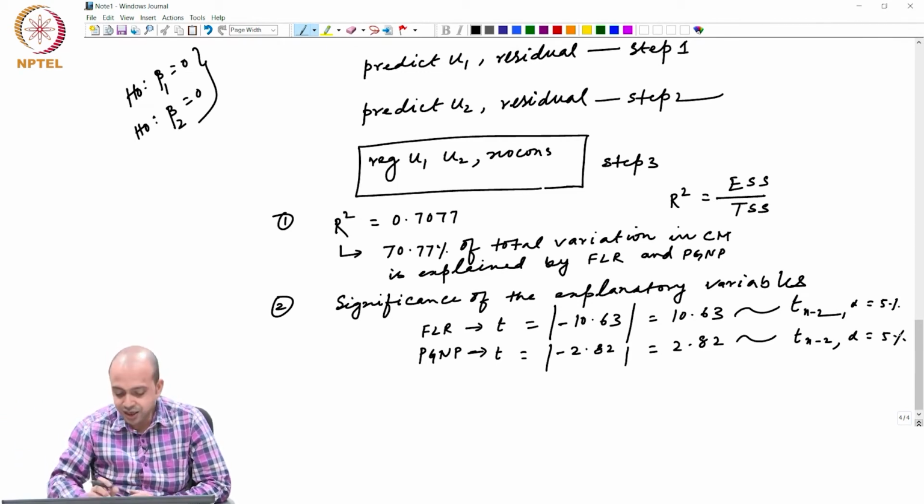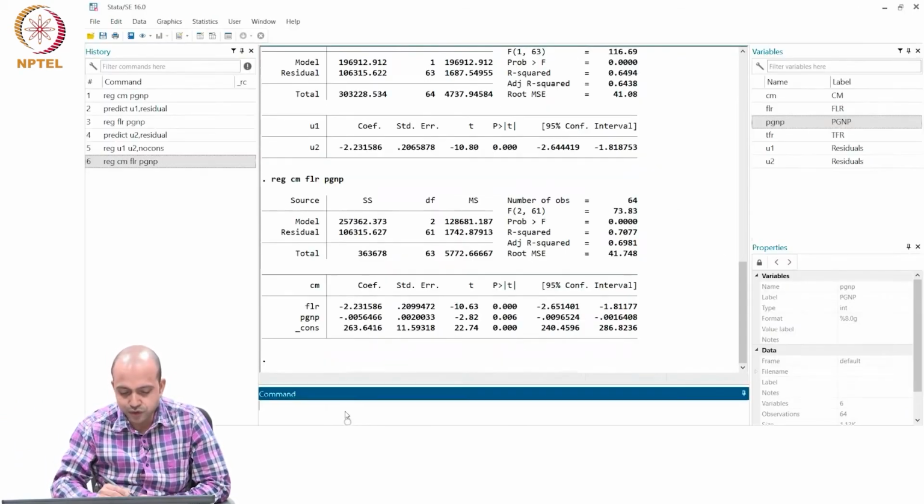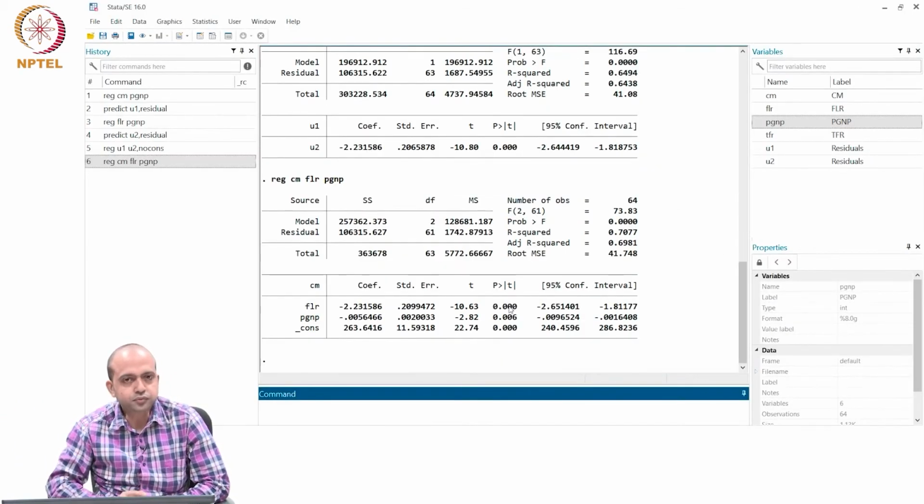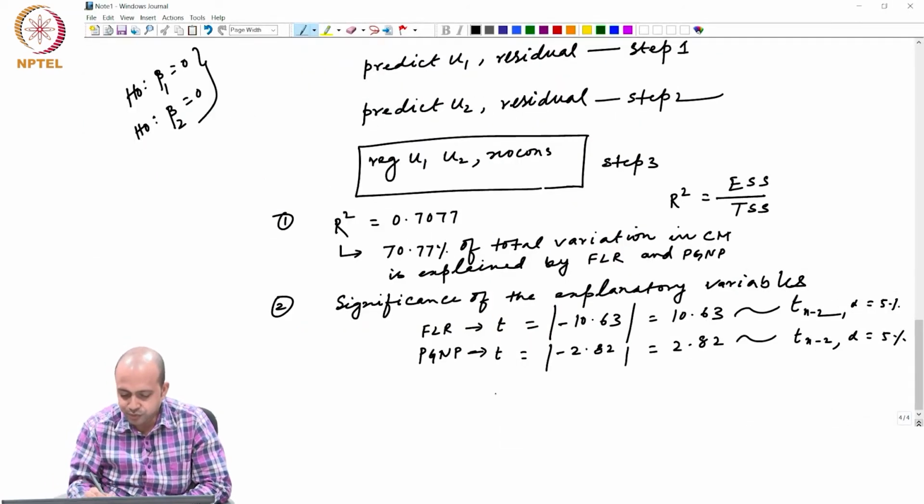But as I said earlier, STATA is also giving us the p value, which is called exact level of significance. Look at the p value: it is 0.000 for PGNP and 0.006 for FLR. So, if you multiply by 100, both the values are less than 1.